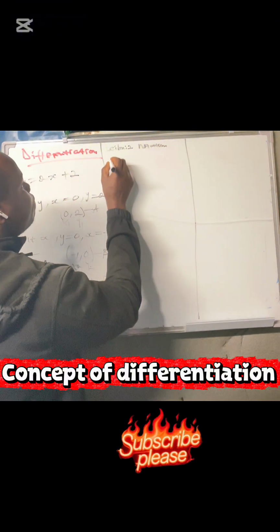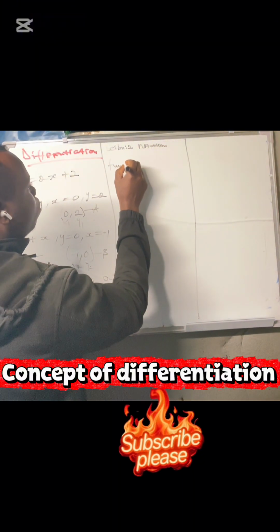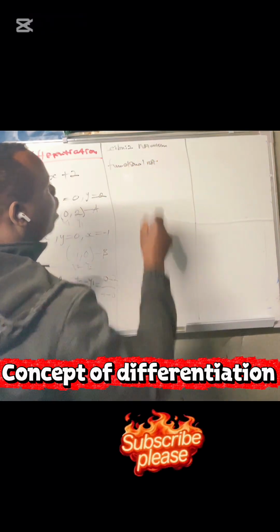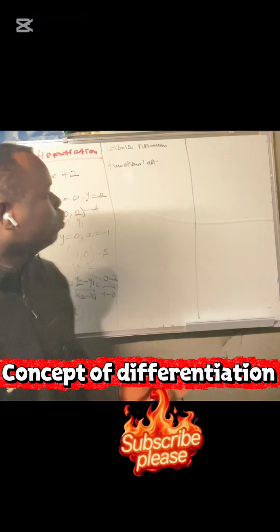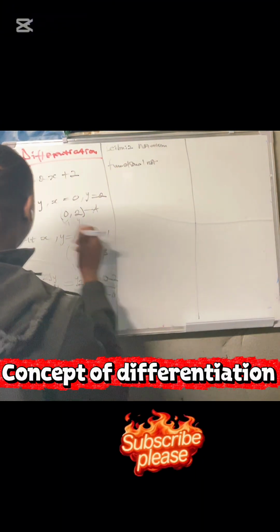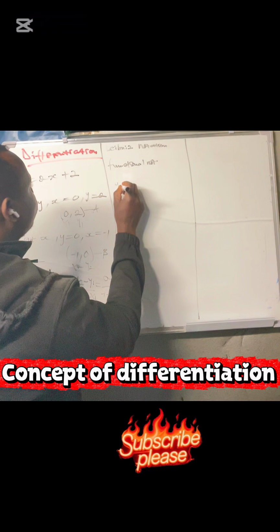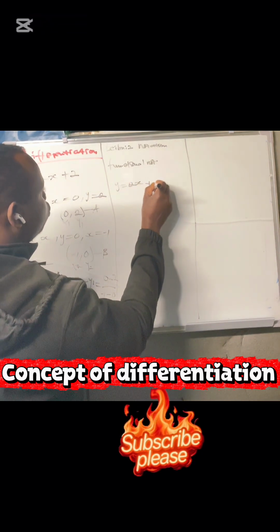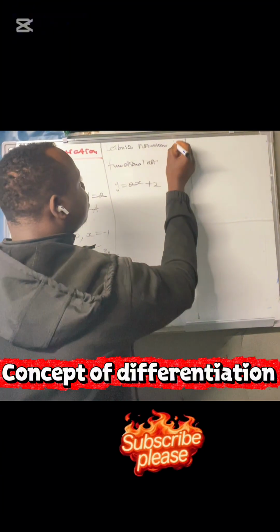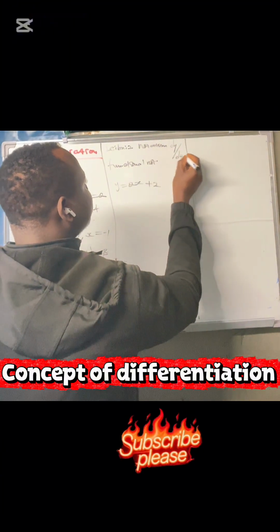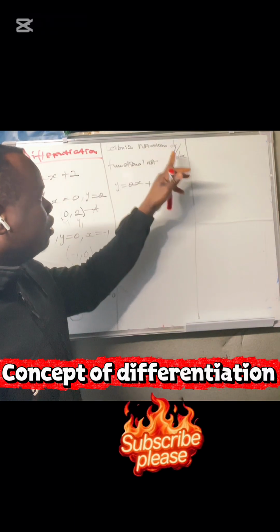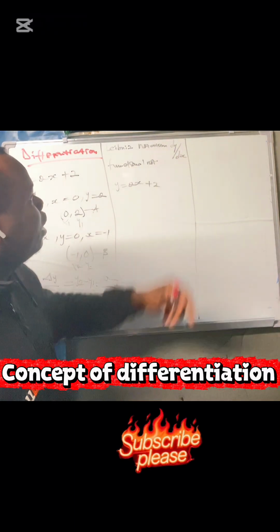Leibniz was a great and famous scientist. If I have a function like y is equal to 2x plus 2, then if I want to differentiate it, I use dy over dx, okay, it is written as dy/dx.